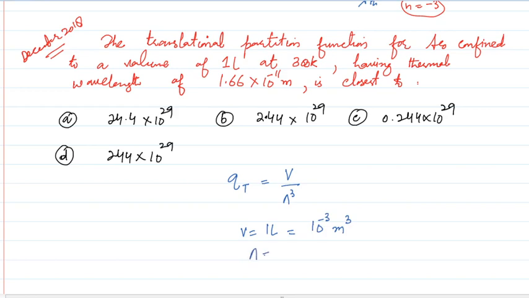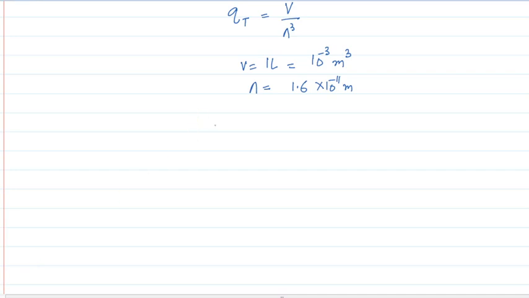And lambda is equal to 1.6 into 10 raised to power minus 11. Now we will simply introduce these values into the above equation. So the translational partition function is equal to 10 raised to power minus 3 cubic meter upon 1.6 into 10 raised to power minus 11 meter, cubed.